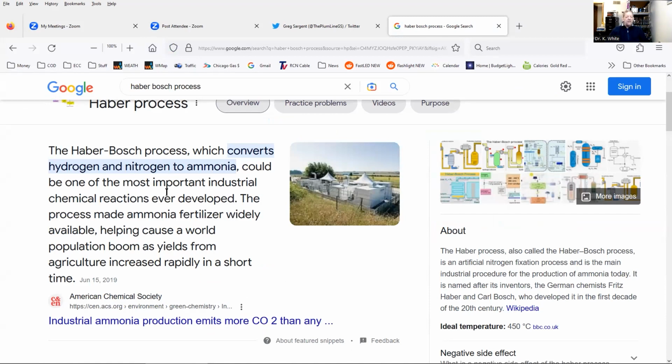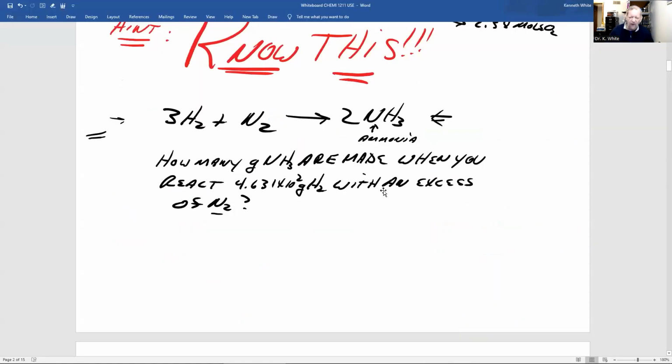And it's probably one of the most important, as they say here, industrial chemical reactions ever developed. Why is this so important? Why is this little reaction? You're just taking hydrogen and nitrogen and reacting it to make ammonia, a tiny little molecule. Why is this so important?